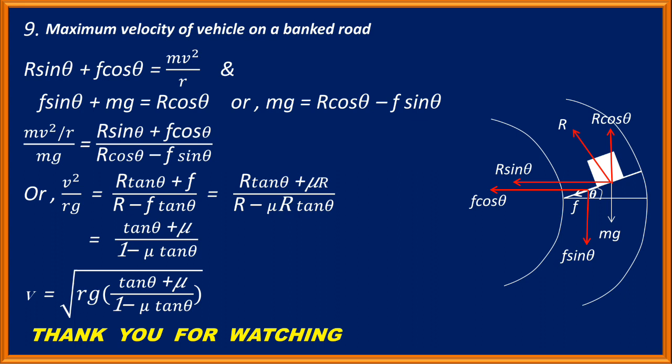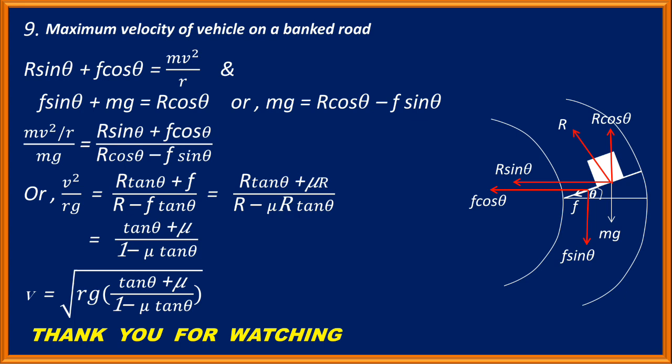Now taking the ratio of mv square by R and mg, after taking the ratio I have written over here. So you can see we are getting v square by rg equal to R tan theta plus F divided by R minus F tan theta, because here you can divide numerator and denominator by cos theta.